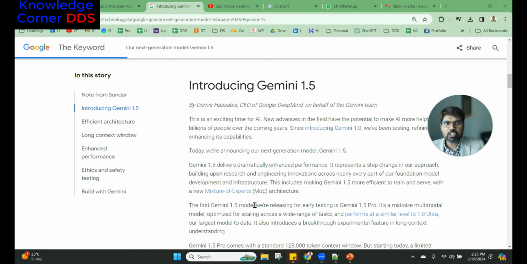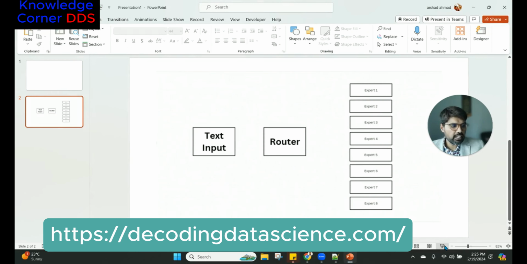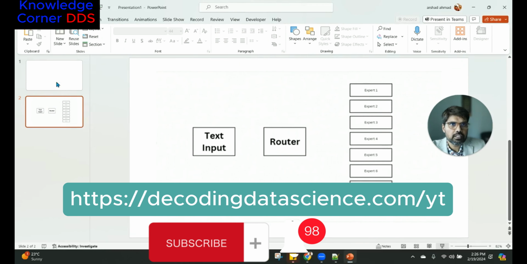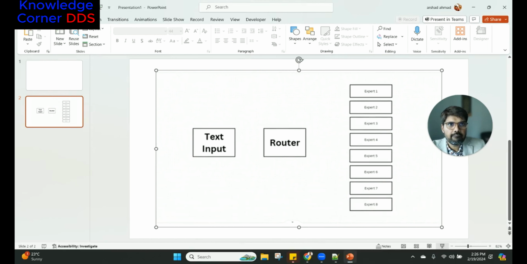But what is this mixture of experts model? Let me quickly explain it with this diagram, which is a very basic definition of how it works.